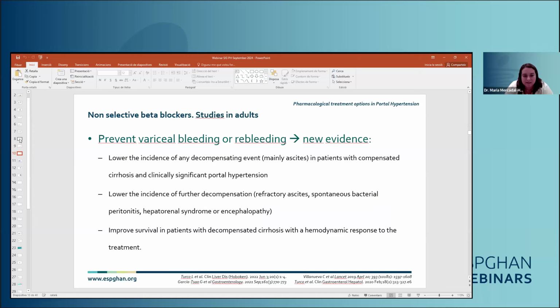It lowers the incidence of any decompensating event, mainly ascites, in patients that have compensated cirrhosis and clinically significant portal hypertension. It also lowers the incidence of further decompensation if they've already had bleeding, and it improves the survival in patients with decompensated cirrhosis. We are now not talking only about patients with compensated, but decompensated cirrhosis that actually hemodynamically respond to the treatment.